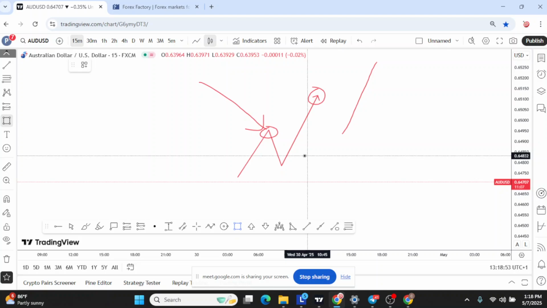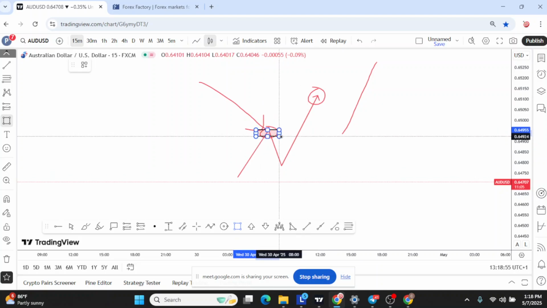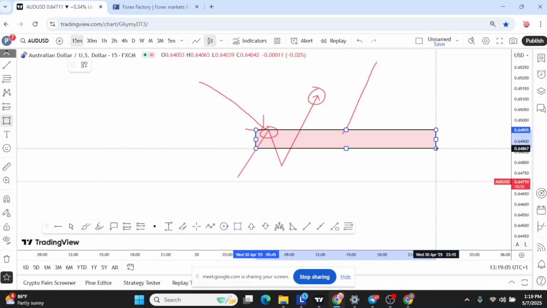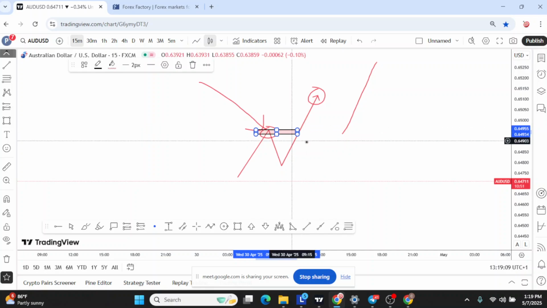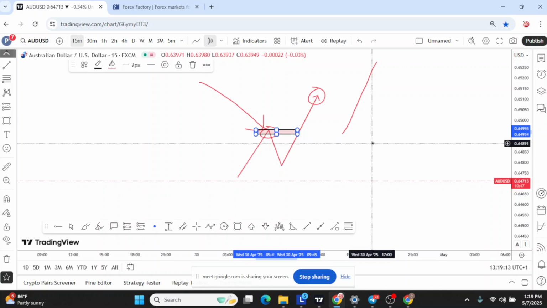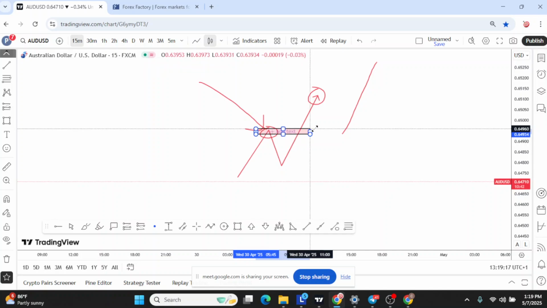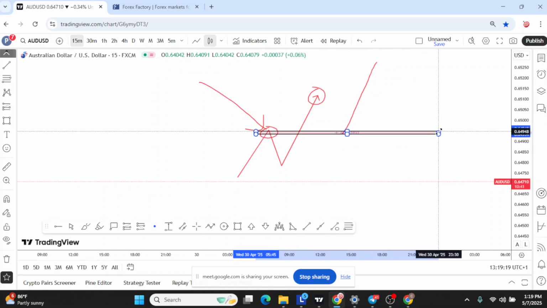So what we want to do is to come on this previous high point and mark our rectangle on it. After we must have marked this, we want to extend it further because price already passed away from this region. We expect price to come back to that at a later time, so we need to extend this further.